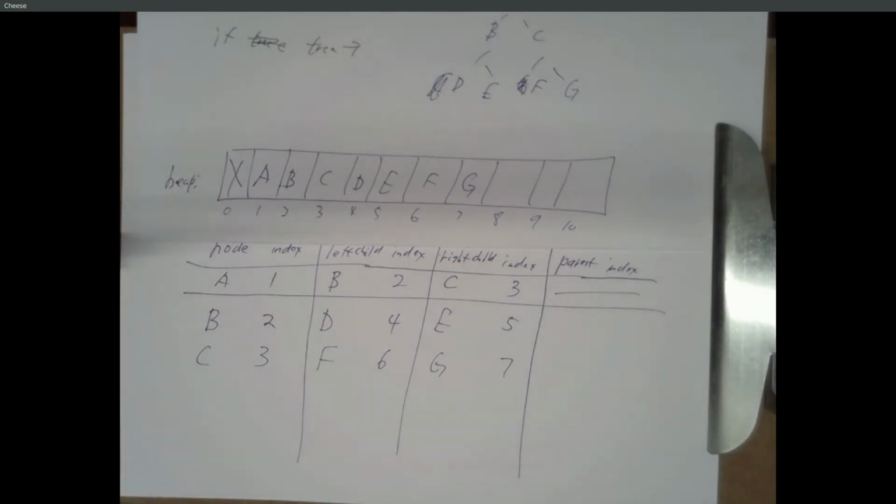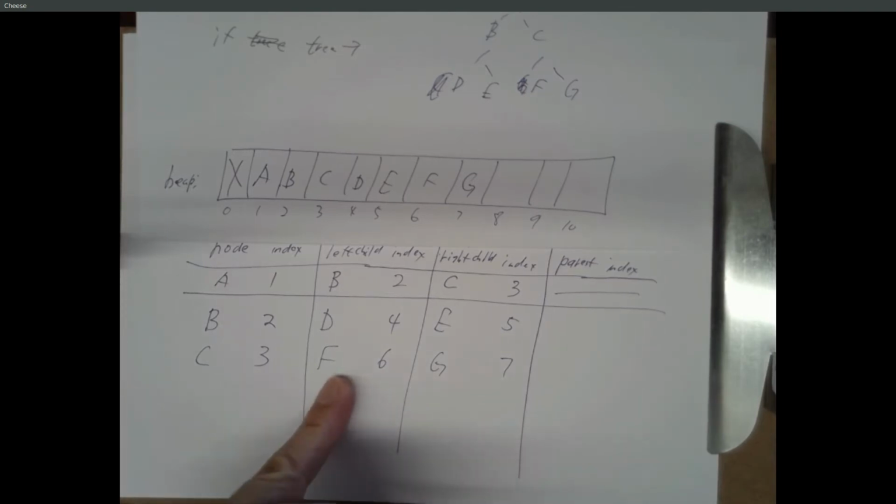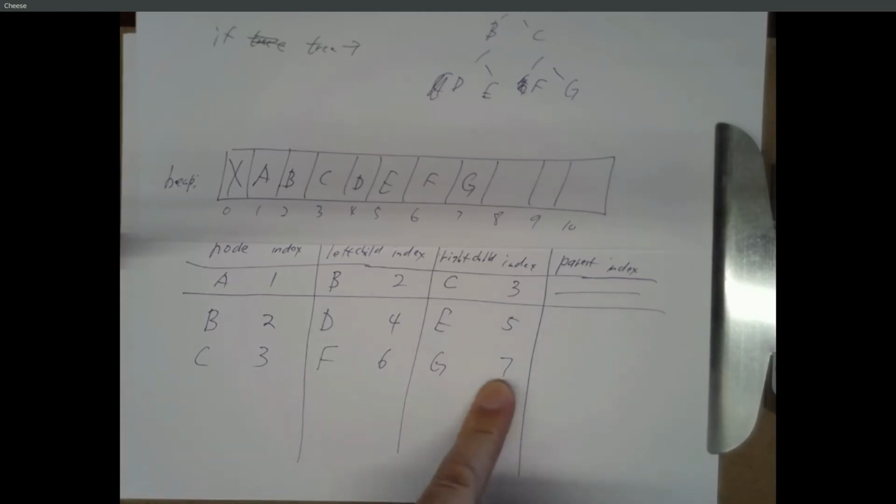Do you see any pattern between a node and a node's index and its left child's index? Yeah. For any node, if you know its index, multiply by 2, you get the index of the left child. And if you multiply by 2 and add 1, you get the index of the right child.